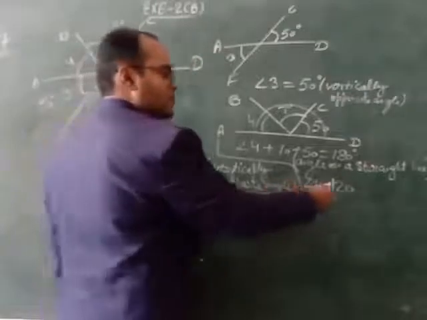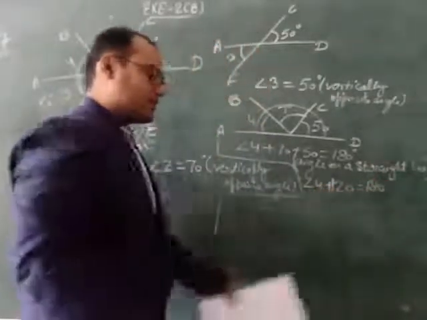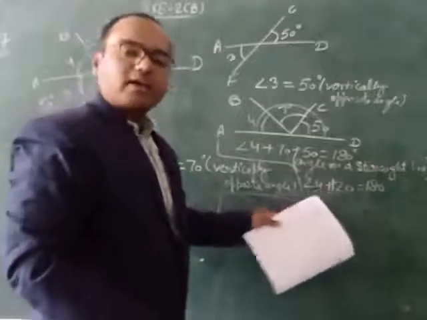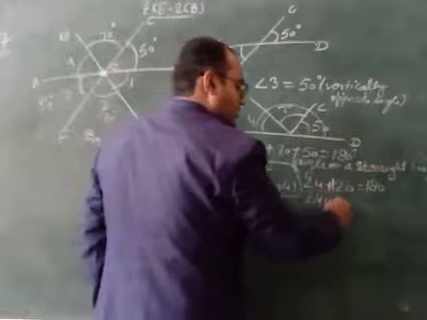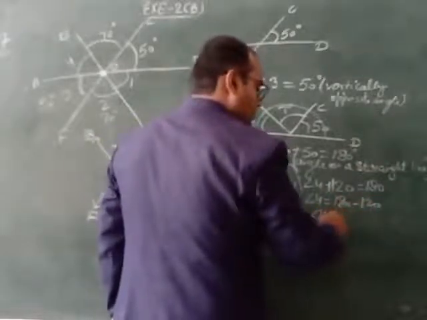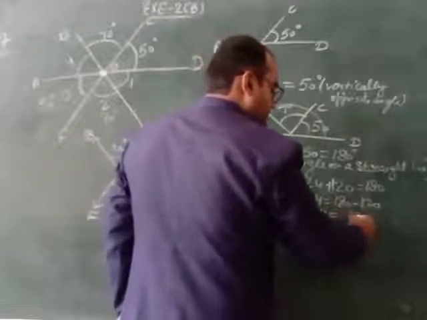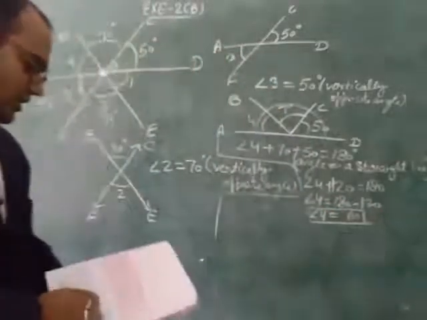So angle 4 plus 120 is equal to 180. 120 will go to the right hand, so angle 4 will be 180 minus 120. So the angle 4 answer will be 60. So the fourth angle is 60 degree.